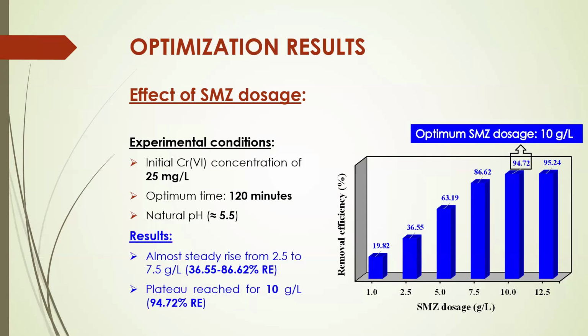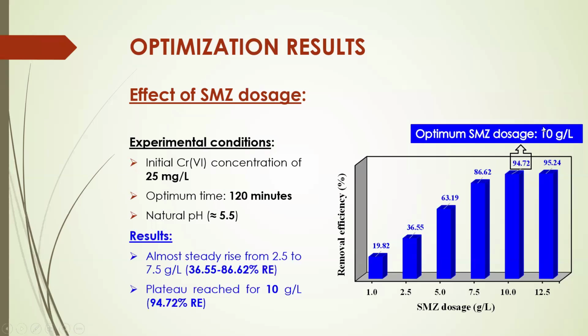The second parameter we optimized was SMZ dosage. Here are the experimental conditions. Again, we used 25 milligrams per liter, optimum time of 120 minutes, and natural pH. The dosage tests revealed a clear pattern.